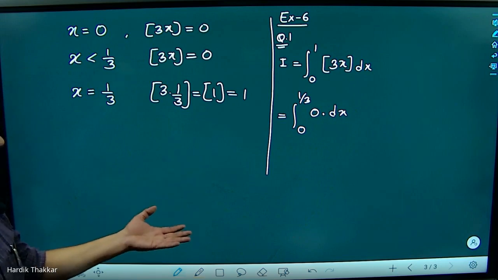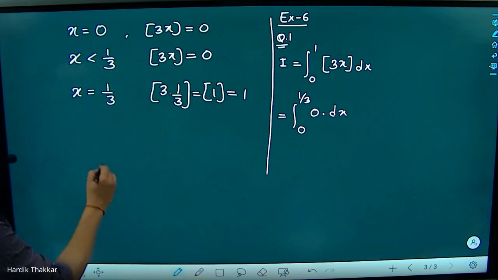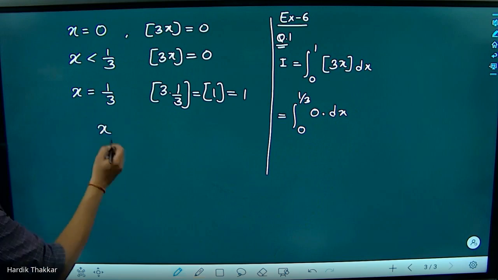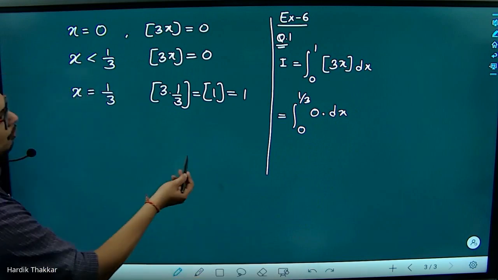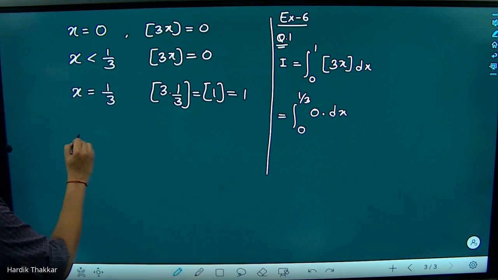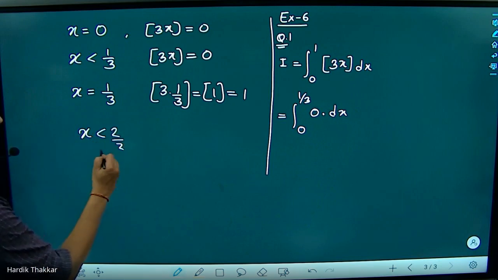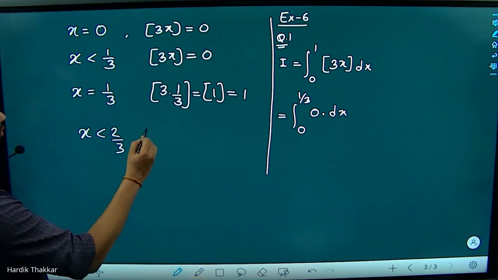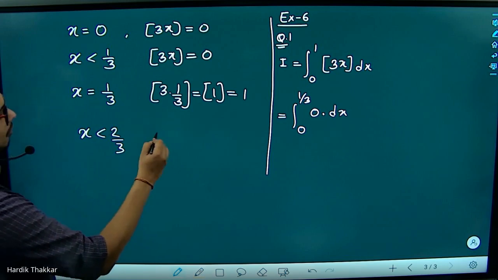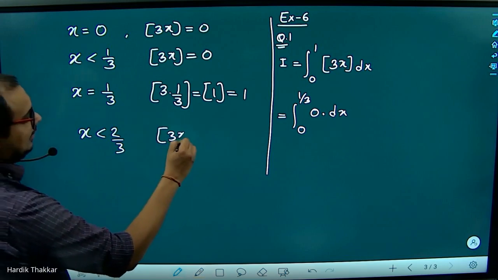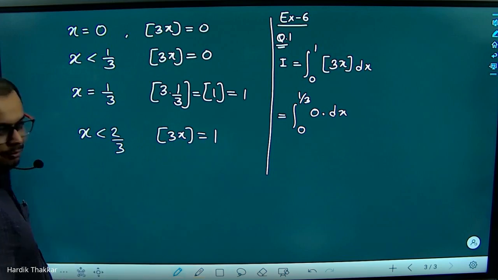Now, for the next interval, x greater than or equal to 1 by 3, up to what value? Up to x less than 2 by 3. Up till that value, we will get the same result: greatest integer 3x equals 1.